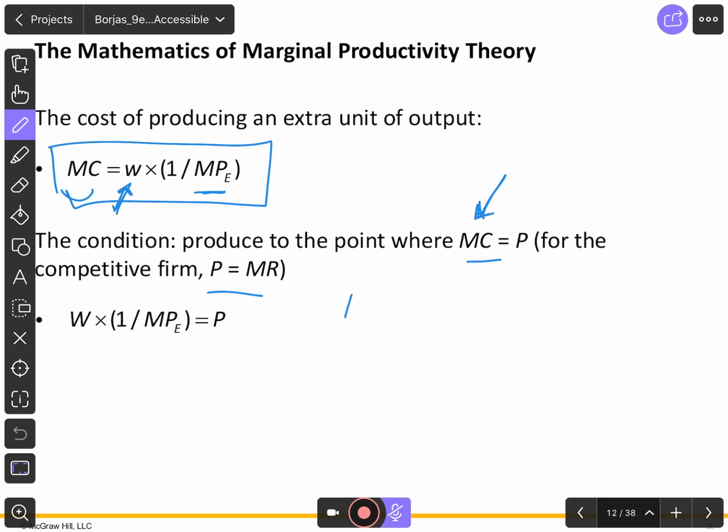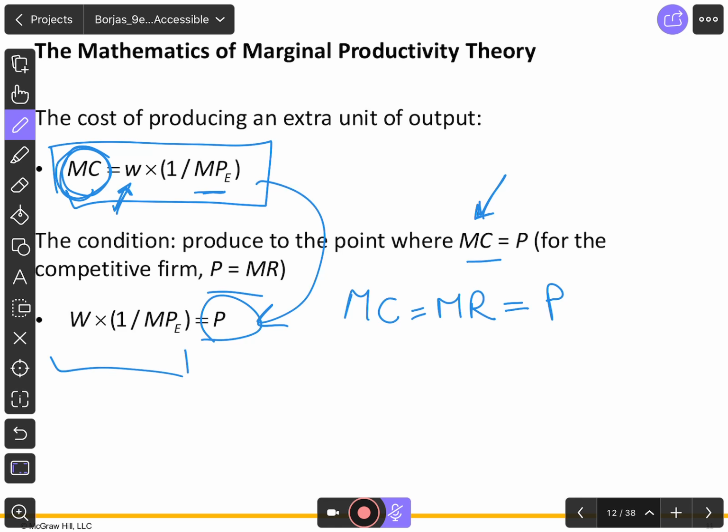We always say that there is a condition: marginal cost is equal to the marginal revenue, but in a perfectly competitive firm, the marginal revenue is equal to the price. So we can go ahead and replace the marginal cost with the price. So we can rewrite this one, replacing the marginal cost with P. So we can rewrite it this way.